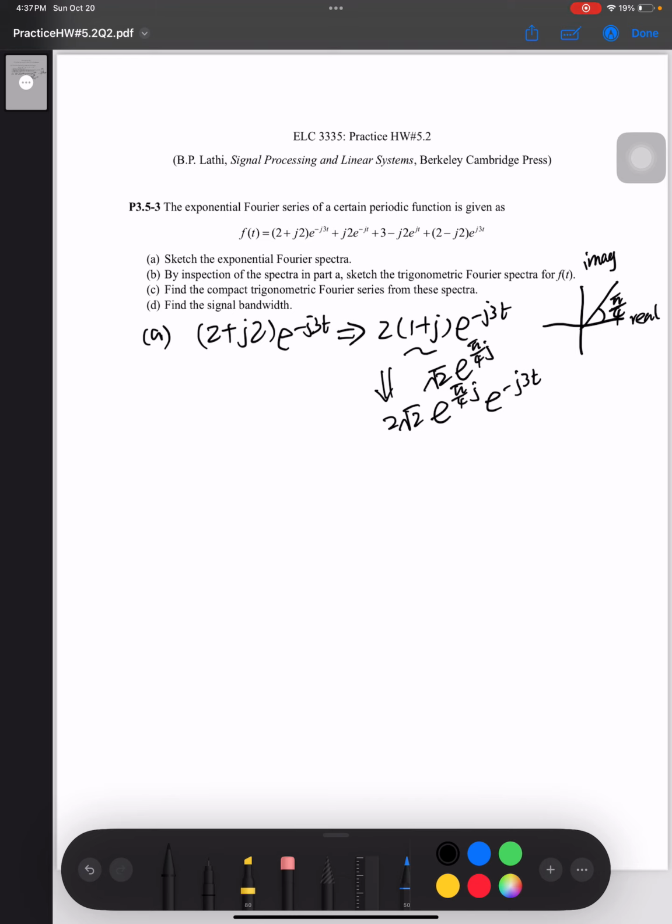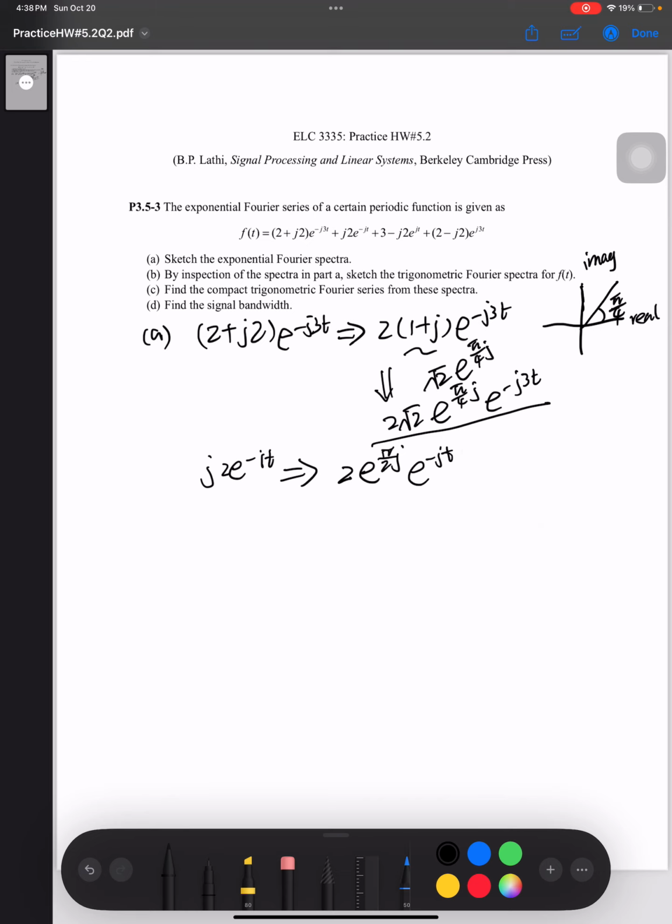Similarly, this is the first term. Second term, j2 e to the minus jt. Because it's j, it's on the y-axis, so we can directly get 2 e to the j pi over 2, times e to the minus jt.